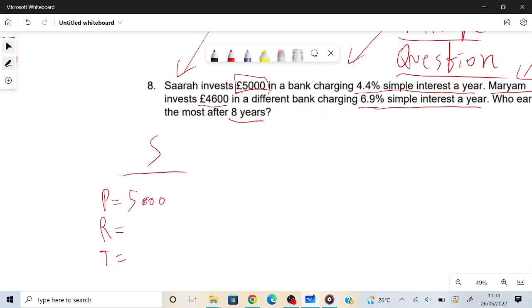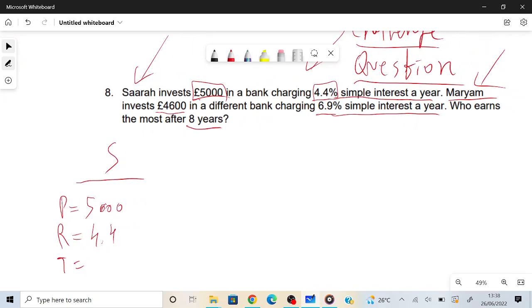Our R for Sarah is 4.4% because that's the rate that she's investing in. And our T for Sarah is not included in her sentence, but at the end it does say who earns the most after 8 years. So that means her T is 8 years.